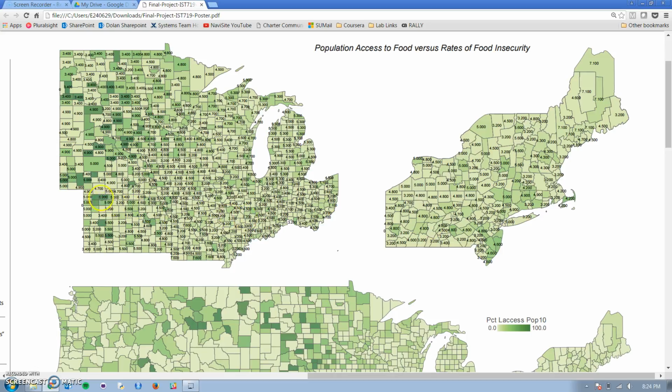So counties like this one right here in, let's see, what is that? What state? Nebraska, perhaps?